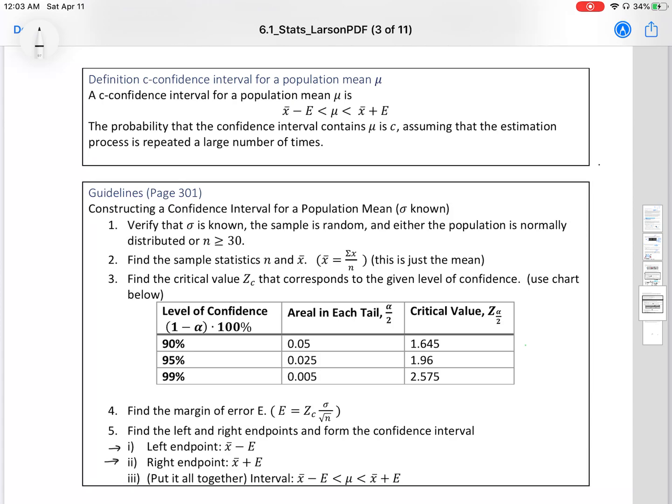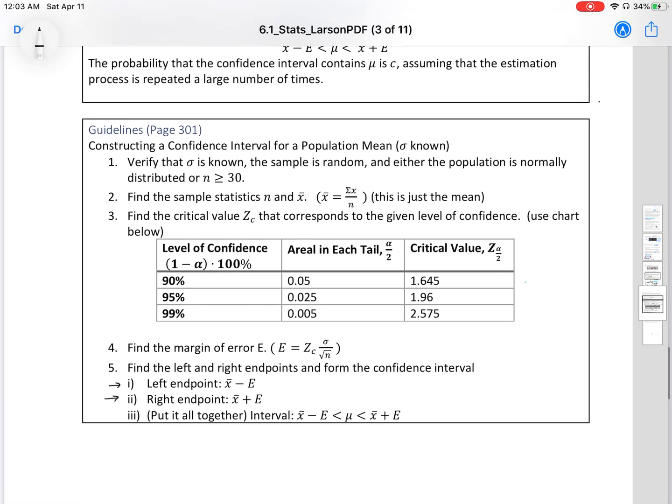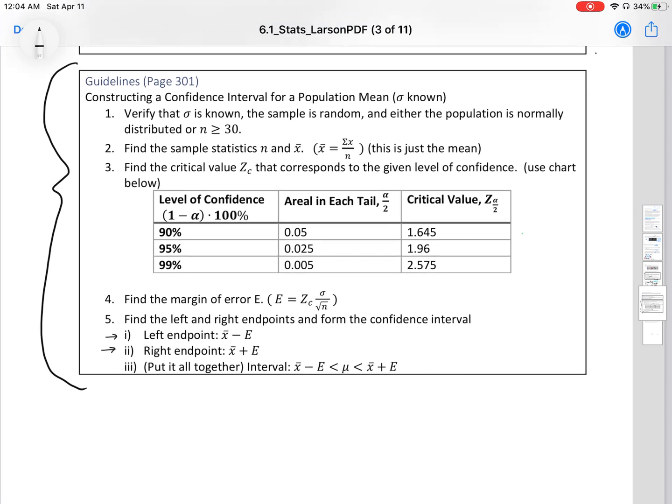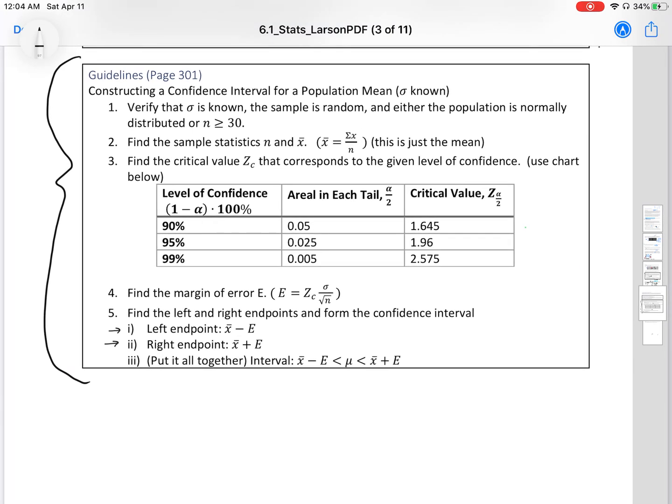All right, so here are your steps. If you're in a bind, you can always check out these steps. It puts it all together. Let's go through our guidelines, and you can also find these on page 301 of your book. First, you want to verify that your standard deviation is known.